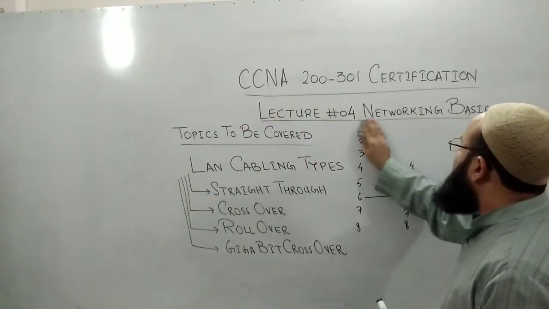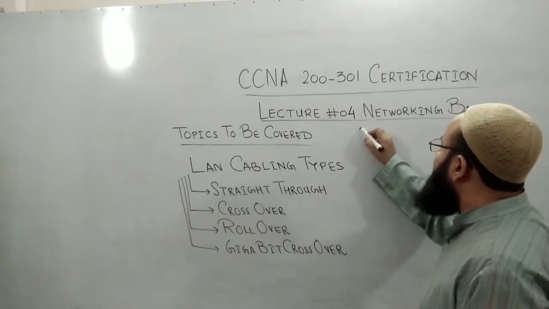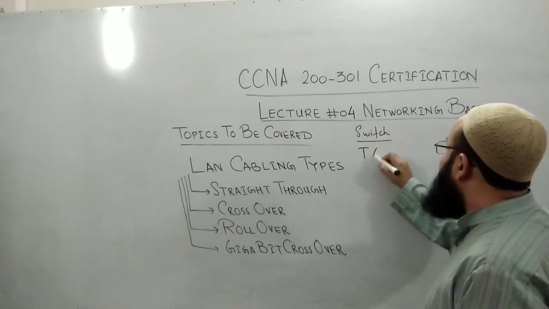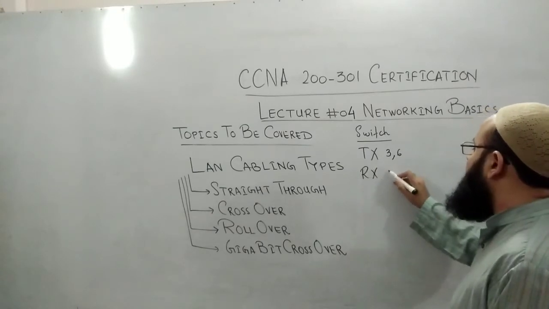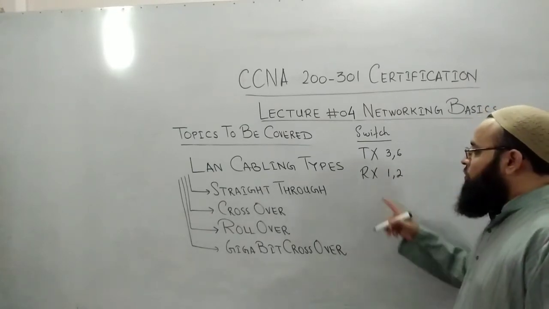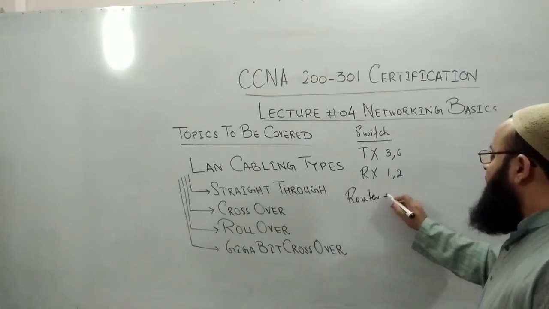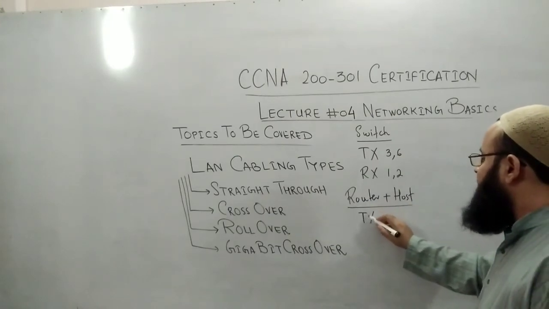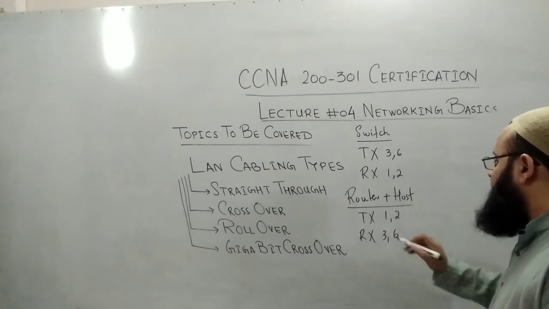So if you have a switch, then switches transmit on pins 3 and 6 and they receive on pins 1 and 2. On the other hand, if you have a router or you have a host, meaning some PC, then they transmit on pins 1 and 2 and they receive on pins 3 and 6.